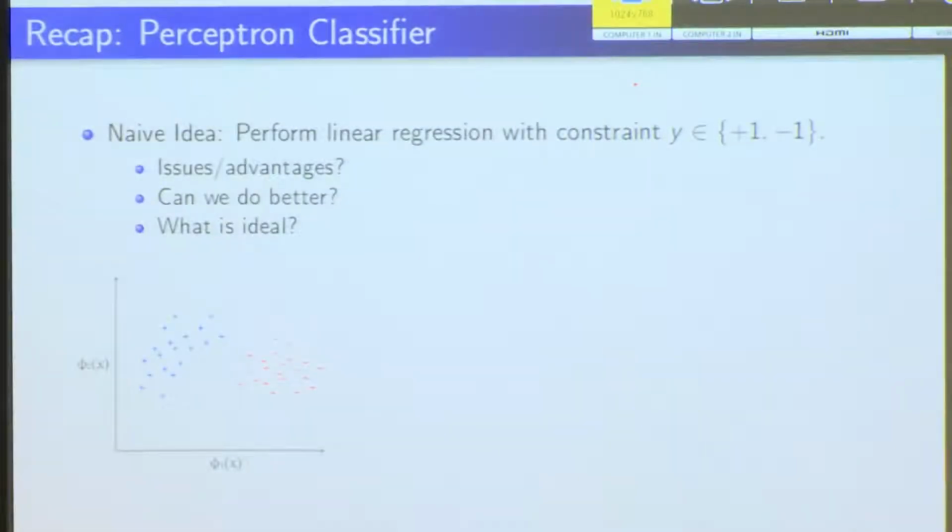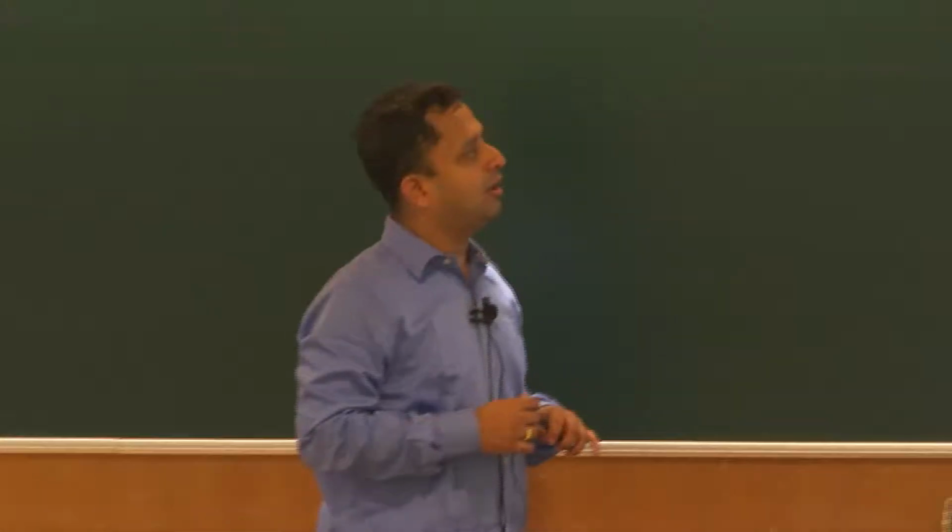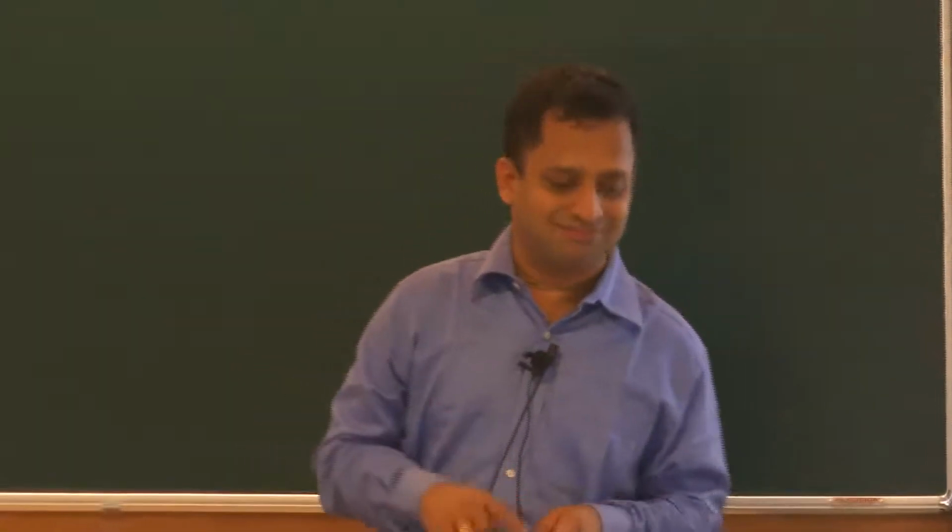So the simplest of the classifiers, Perceptron, tries to overcome a limitation of a naive regression based classification. So we identified that linear regression, say with constraint y is plus 1 minus 1, has some limitations because a plus 5 and a plus 7, right, both these predictions should actually be collapsed into a single label plus 1, which unfortunately regression doesn't understand.